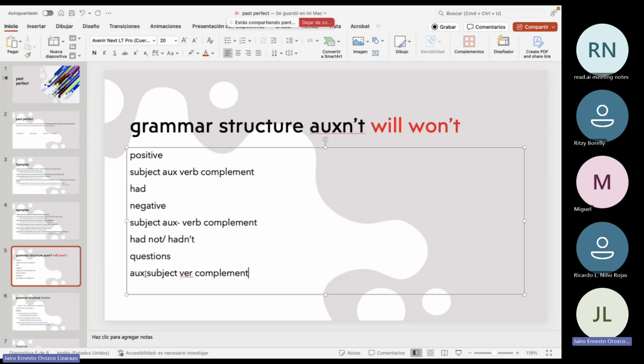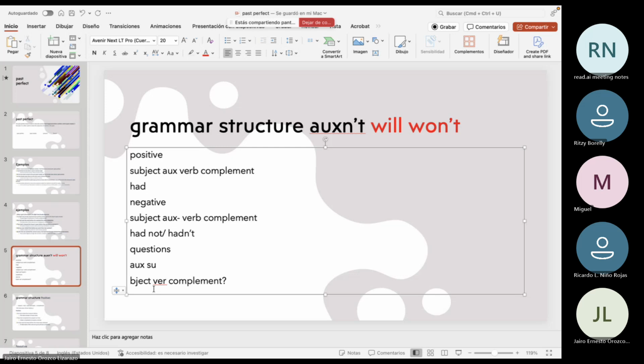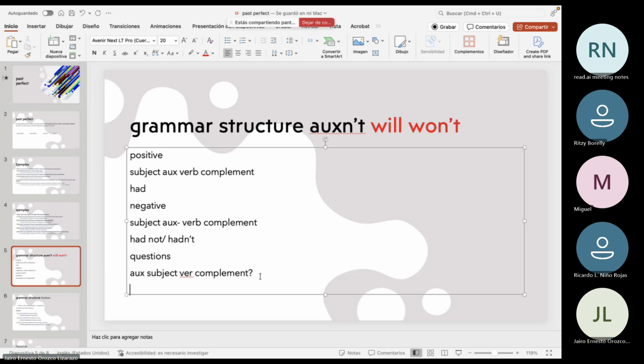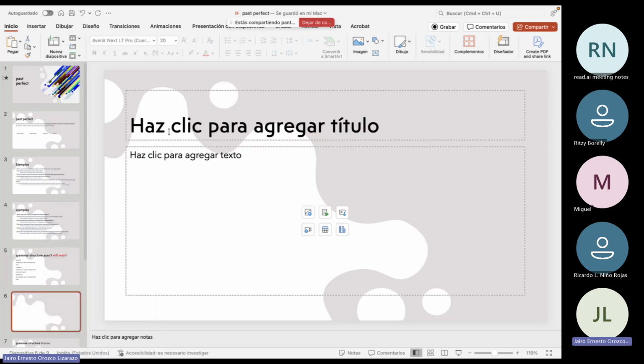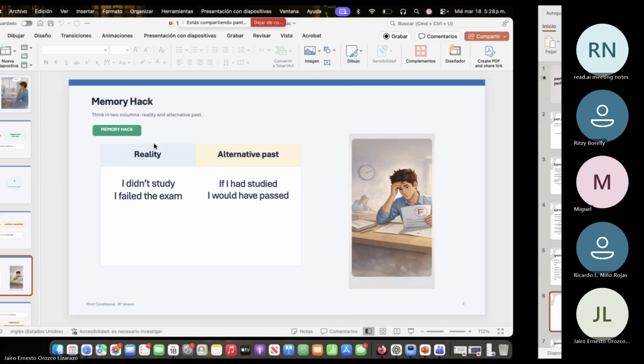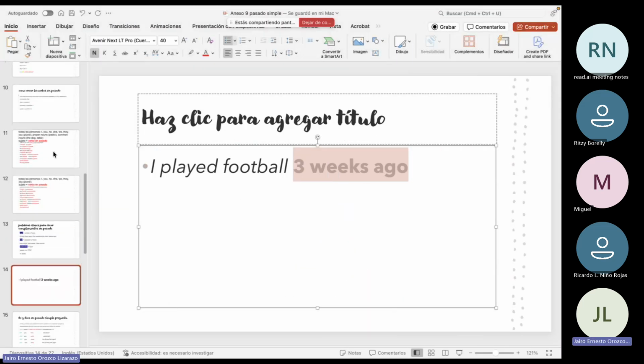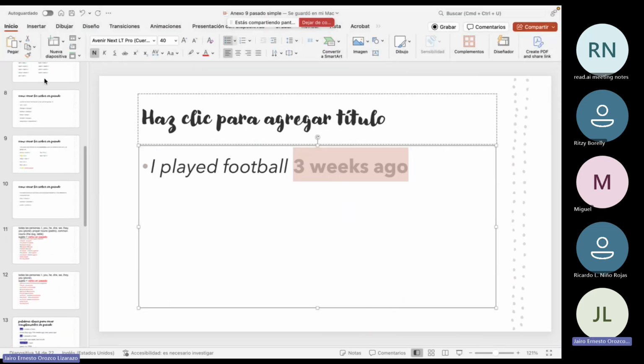In this case, the auxiliary is had, okay? The verbs are made the same way as in past simple when we talk about regular verbs.